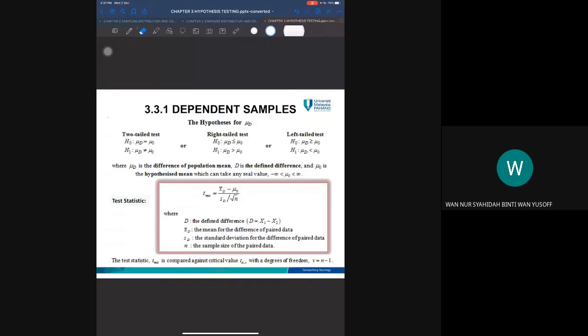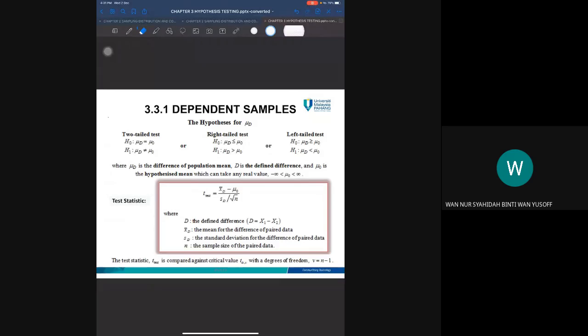But to analyze the dependent sample, those two data we combine together by calculating the data difference. After we calculate the data difference, you will have a single data, so the rest of the analysis is based on that single data.